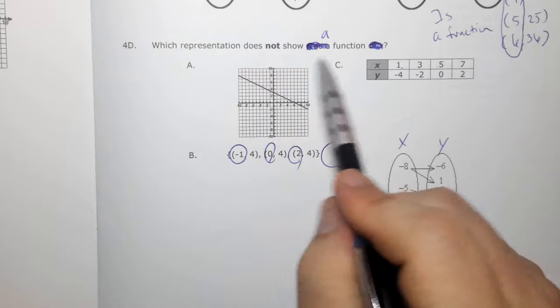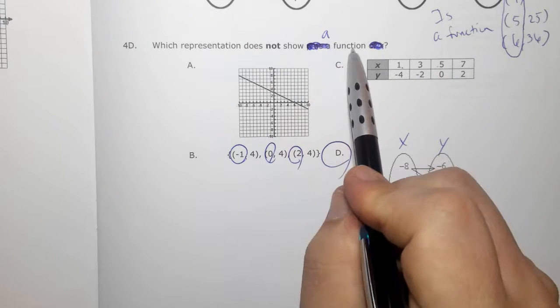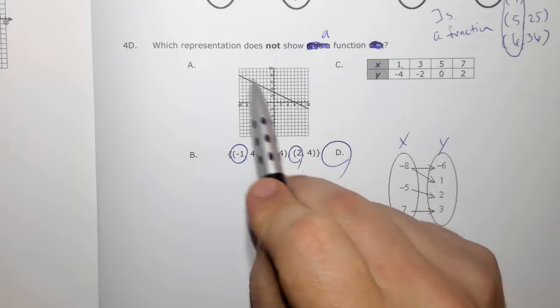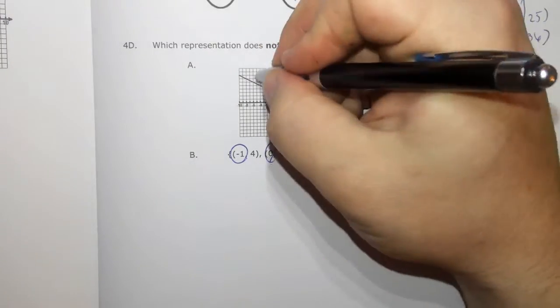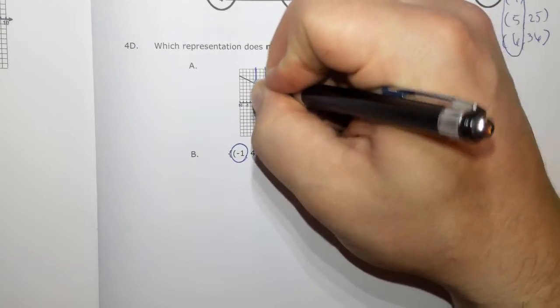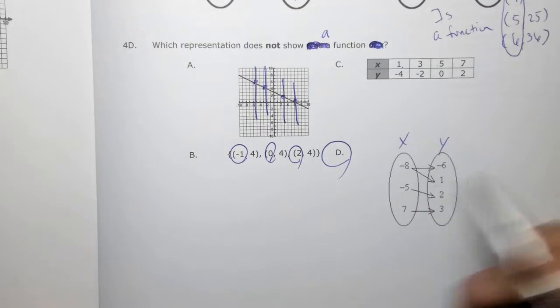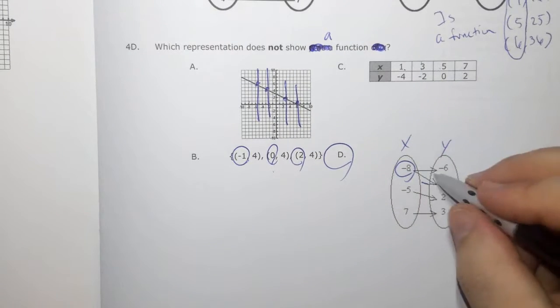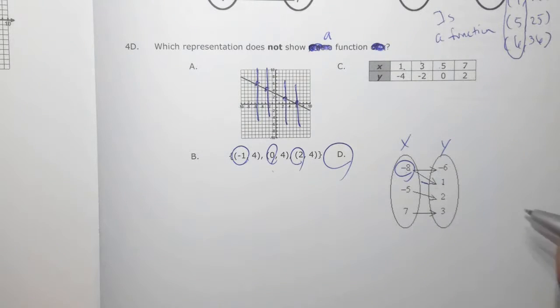And that's exactly what this is asking, which one does not show a function. You can see that the X's don't repeat themselves if I do the vertical line test. See how I only hit in 1 spot every single time? So right here, these 3 are functions. This one is not because X repeats itself twice: -8, -6, -8, 1.